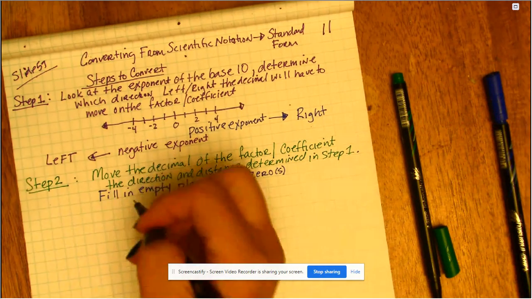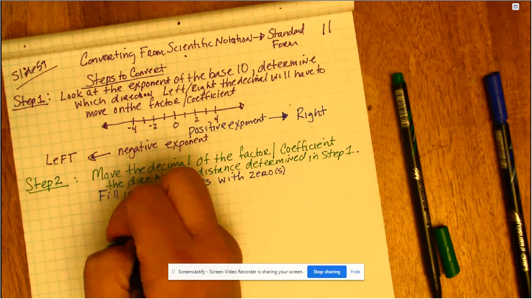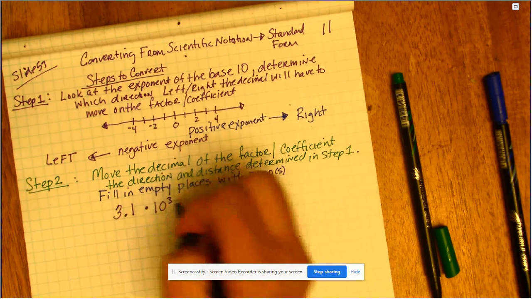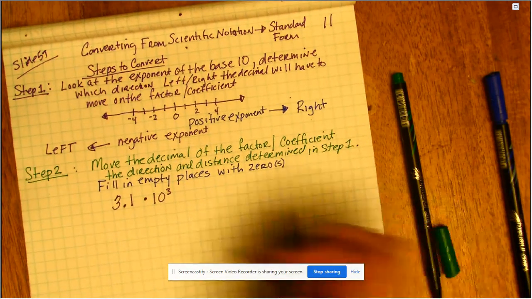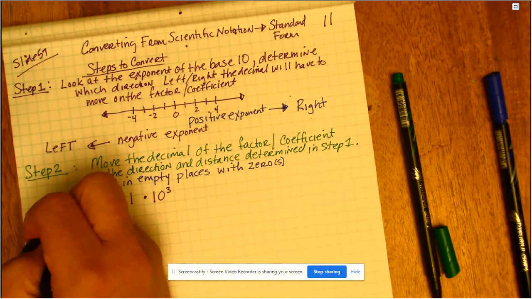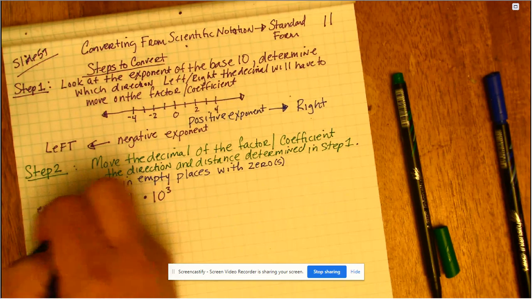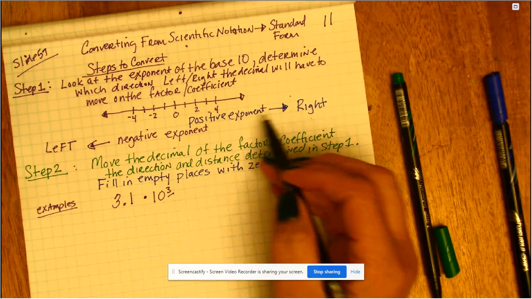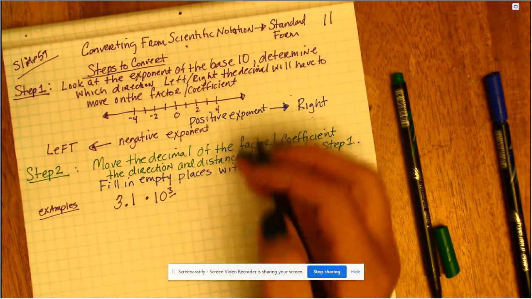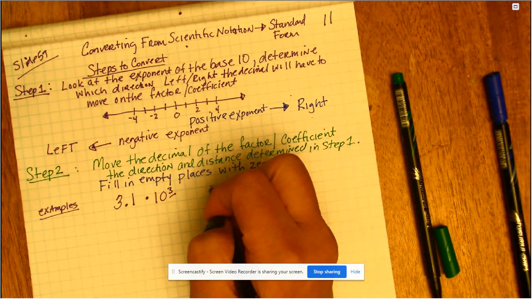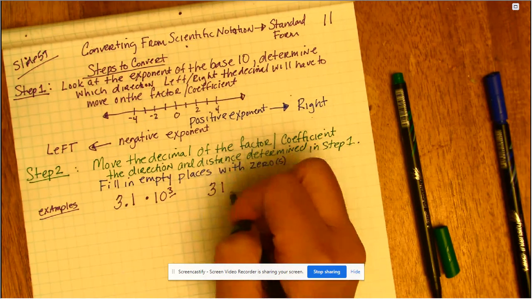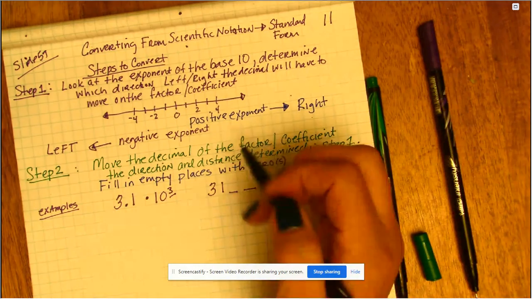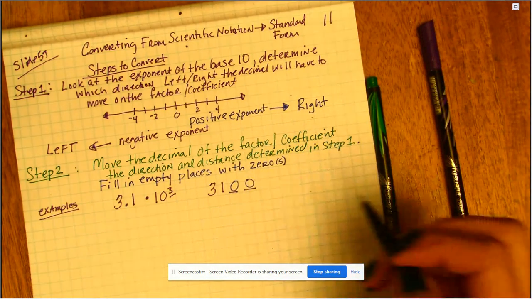Say I have 3.1 times 10 to the 3rd power. Well, it's telling me to move 3 spots. It's positive, so I'm going to move to the right. So if I took 3.1, I'd have 3, 1, and then I have a place and a place. That's what I'm going to need. So those additional places I need, I'm going to fill in with zeros.